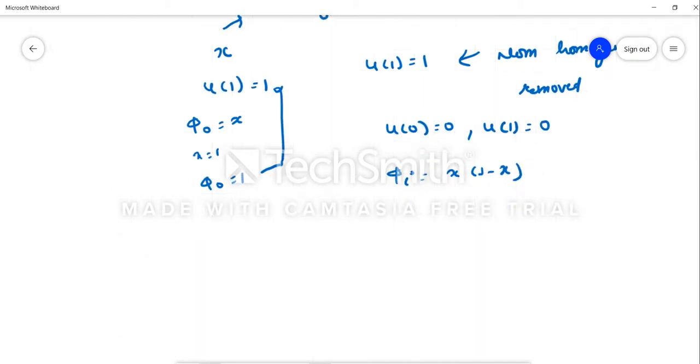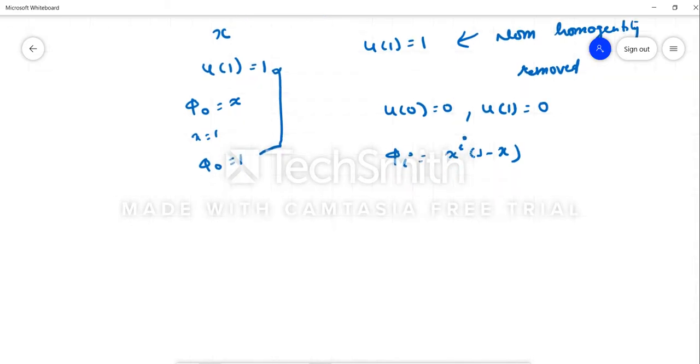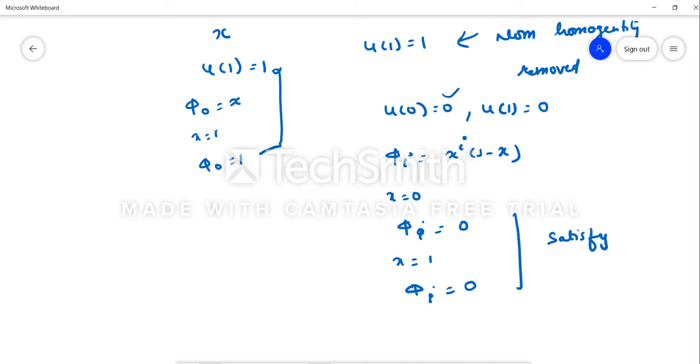For x equals 0, this will become 0, and for x equals 1, phi equals 0. This is phi i. So this is also satisfying both conditions, 0 and 0. Okay, so now it is clear.